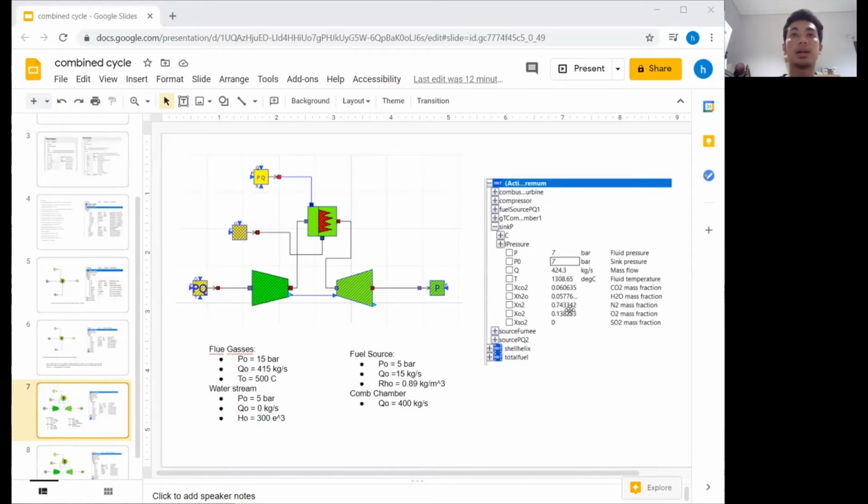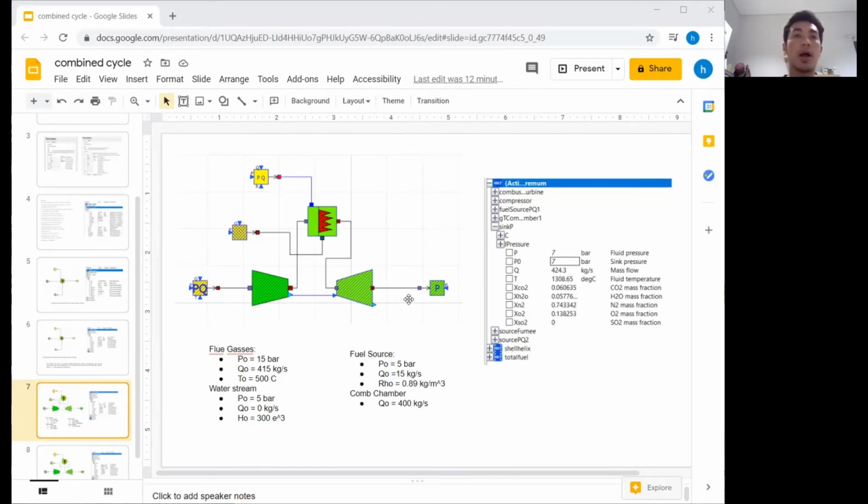This result comes from the same parameters as the earlier cycle with the combustion chamber, but with the compressor, gas turbine, and combustion chamber added. And we can see the value is 7 bar for the fluid pressure, 7 bar for the sink pressure, 424 for the mass flow rate, and the fluid temperature is 1308 degrees Celsius.